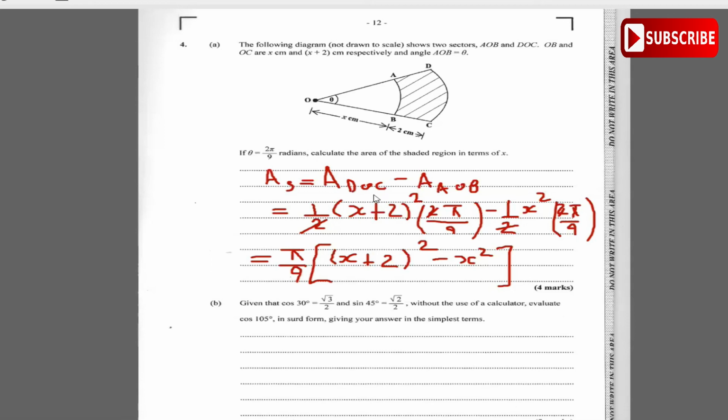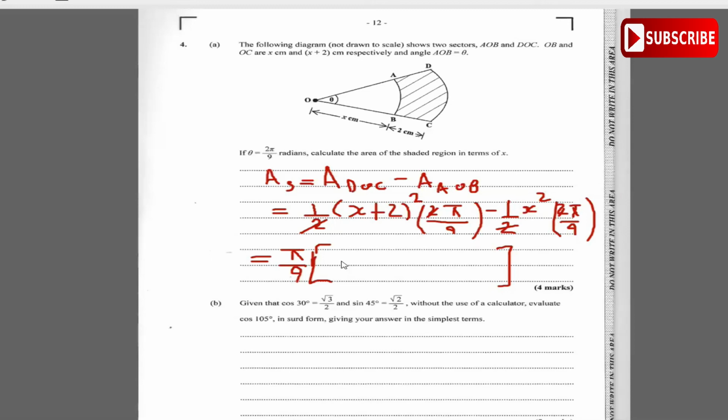Let's simplify it then. Due to shortage of space, I'll expand the bracket inside here. (x plus 2) all squared is x squared plus 4x plus 4. But then the x squared over here is going to cancel the x squared over here.